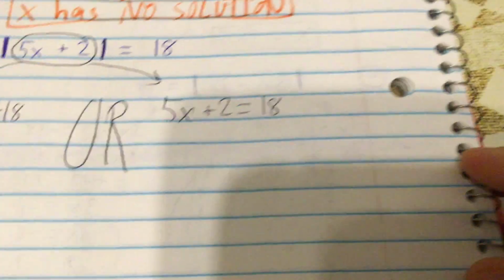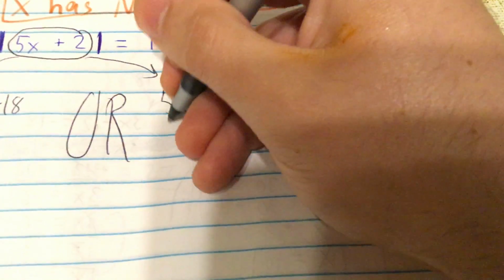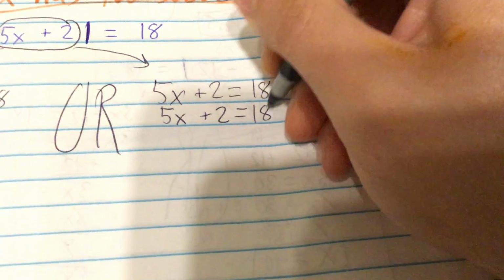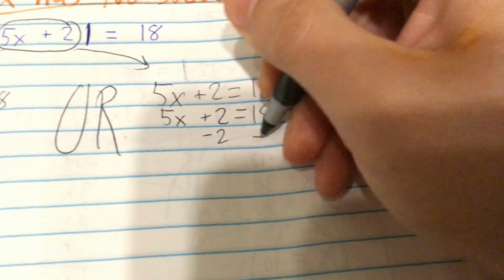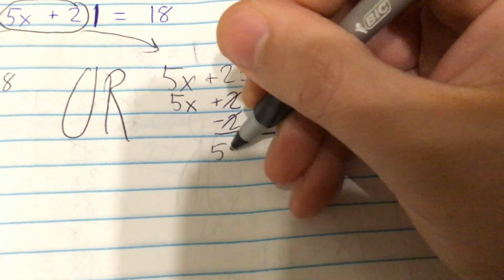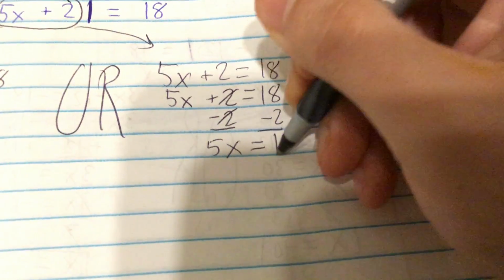Let's start with the positive side since I'm a positive person. 5x plus 2 is equal to 18, and I'm going to subtract 2 from both sides. And that gets me 5x equals 16.